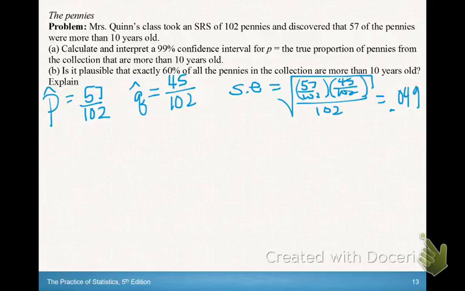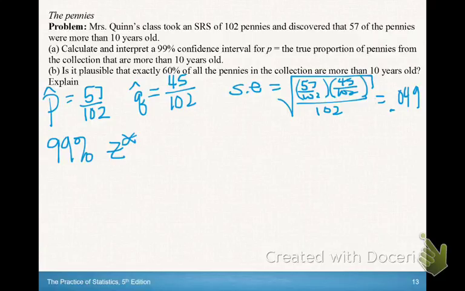Okay, so next thing, we have a 99% confidence interval, so we have to find Z star that corresponds to that. We can use our table A, or we can use our calculator and do inverse normal. If we go to our table, remember we have 1% left, so we have to split that into the two ends. That means we have 0.5%. So we're looking in our table for 0.005.